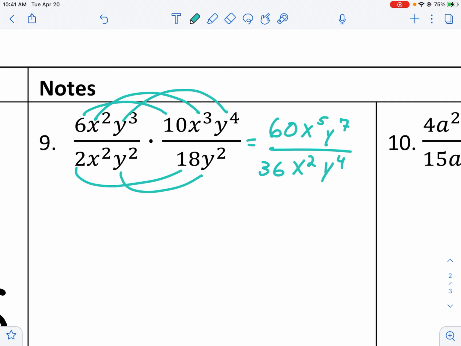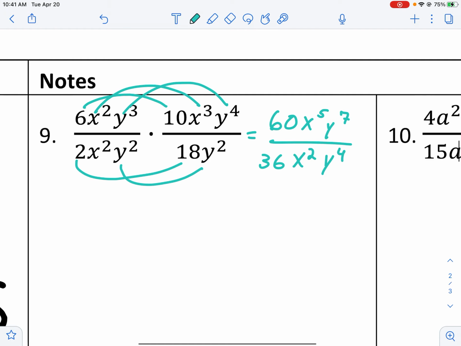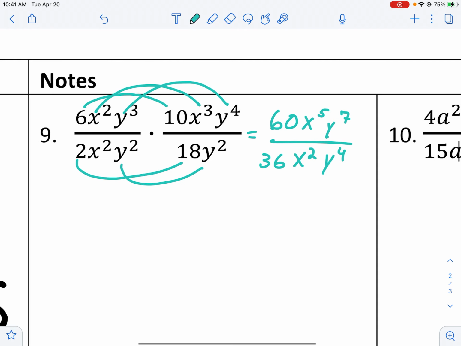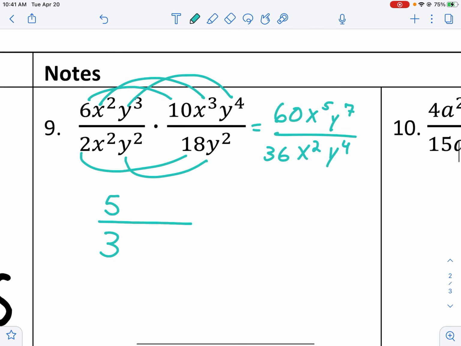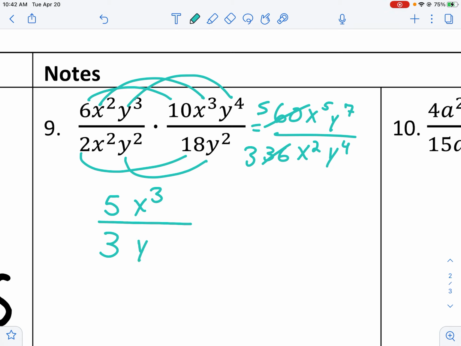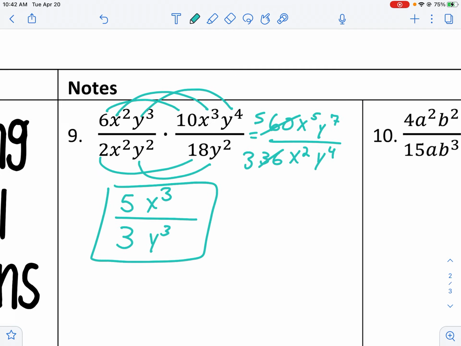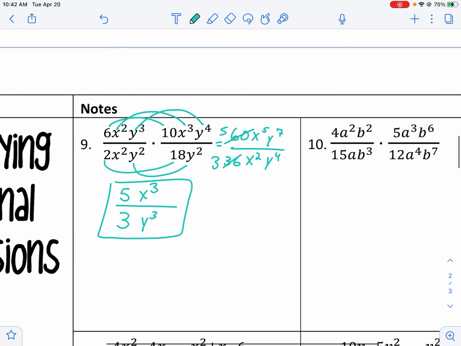Bigger number that comes out of both of those, 12. 12 comes out of both of those. So 12 would give us 5 and 3. X to the 5th, right, because that's 5, that's 3. X to the 5th minus 2 would be x to the 3rd in the top. 7 minus 4 would give us y to the 3rd in the bottom. And that's as simple as we can make it.